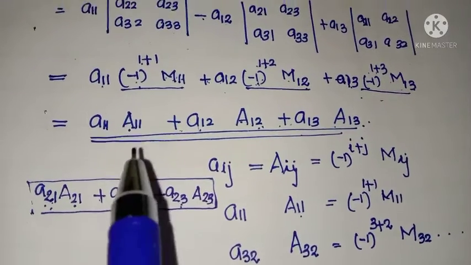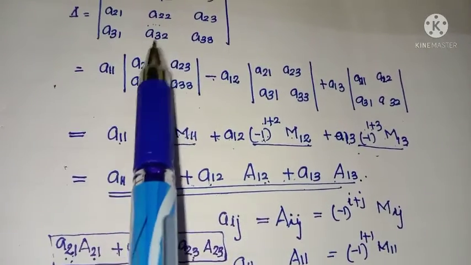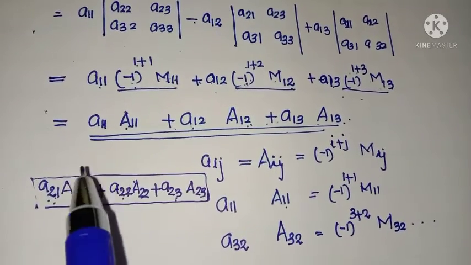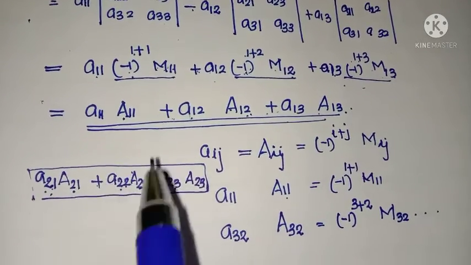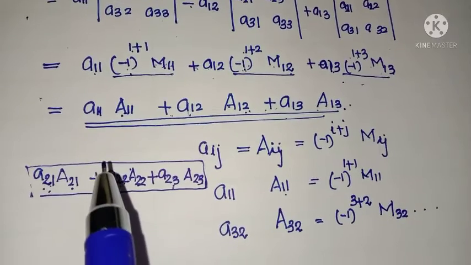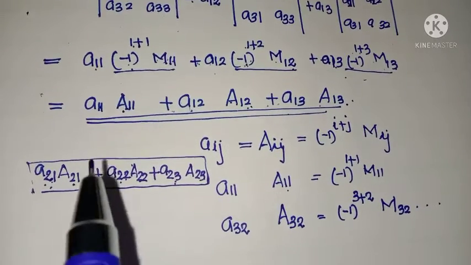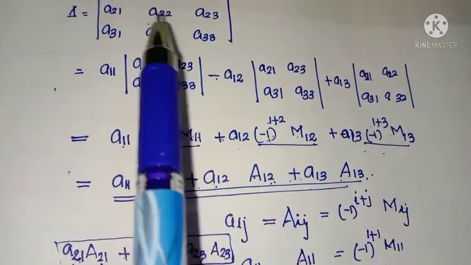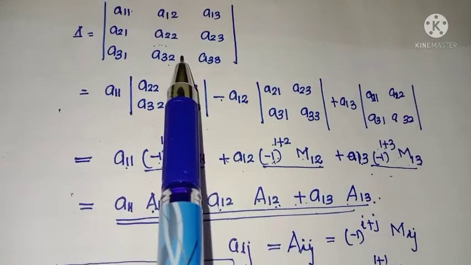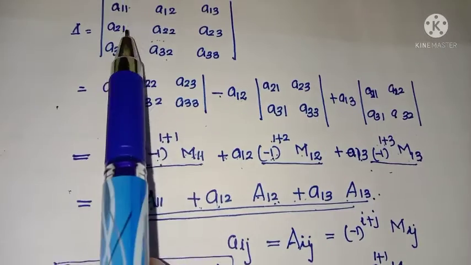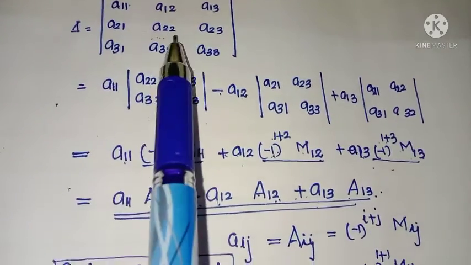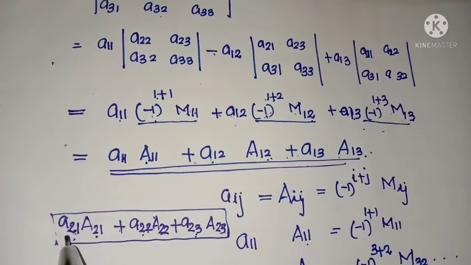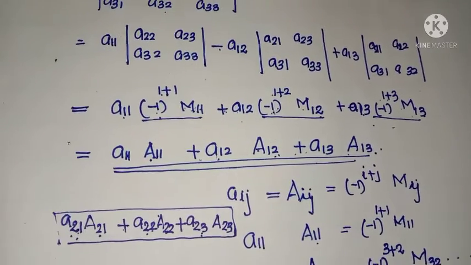Anyway, delta or the value of the determinant is the sum of product of elements of any row or column with their corresponding cofactors. Okay. So suppose we have a question to find the determinant. So you can consider either row or column and use the expression to obtain the required answer. Okay.